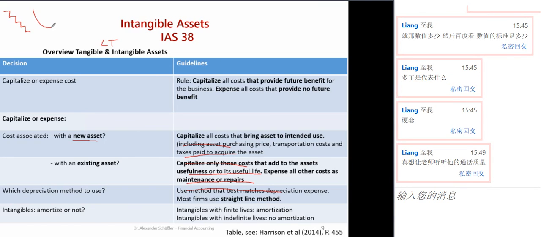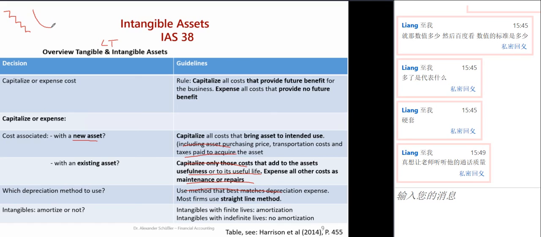If you're looking at financial statements, in the long-term asset section, 90% of the companies, or even more, use the straight line method. And when we're talking about intangibles, it's not called depreciation, but amortization.